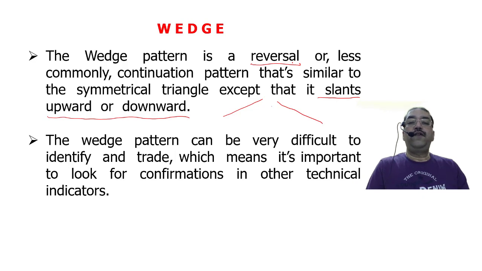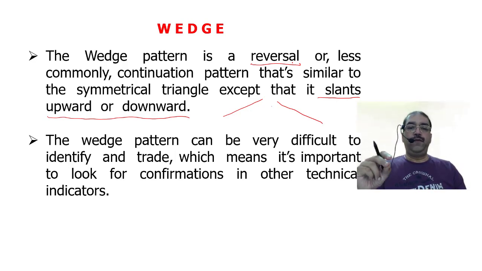Reversal means that suppose you have a rising wedge, an increasing wedge. Then I say that as the wedge is increasing, at the end of this wedge there will be a downfall. That means there will be a bear market.